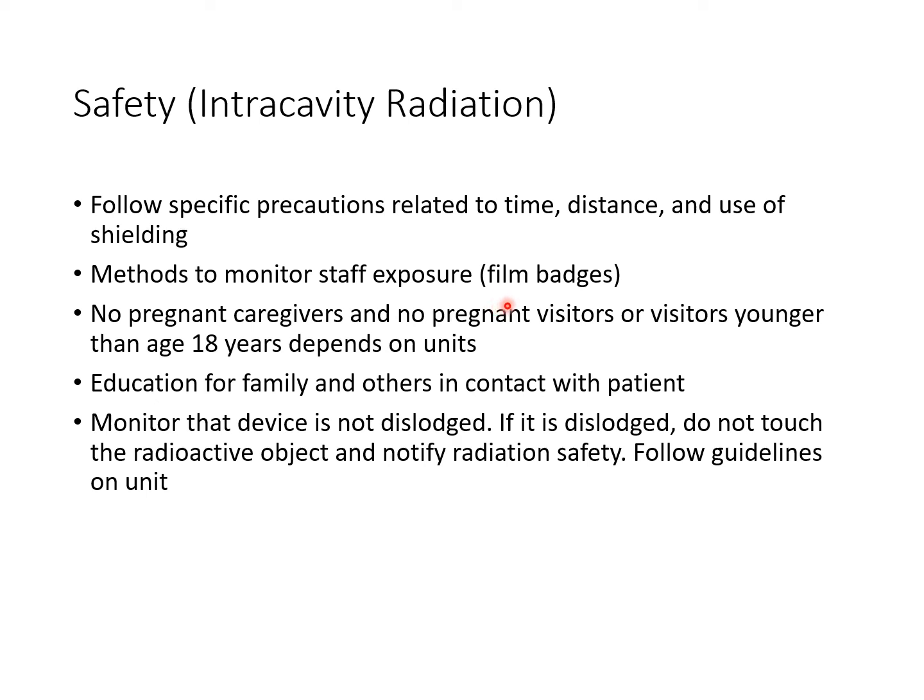Methods to monitor the staff exposure, so they can have the film badges or the dosimeters that they put on. Most places the age limit is 18 years and younger. They are not allowed to go see these patients. So no pregnant caregivers and no pregnant visitors or visitors younger than age 18 years is usually the norm, okay, for anybody that's getting radiation therapy like this.